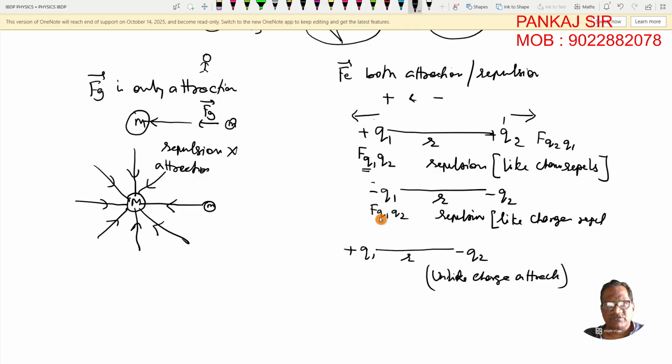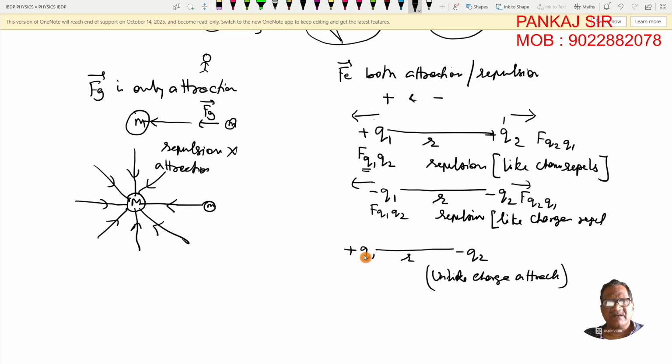Force acting on q1 because of q2 will be in this direction, and force acting on q2 because of q1 will be in this direction. So can you see that whether the charges are both positive or both negative, the repulsion is taking place. Both charges will move away from each other.